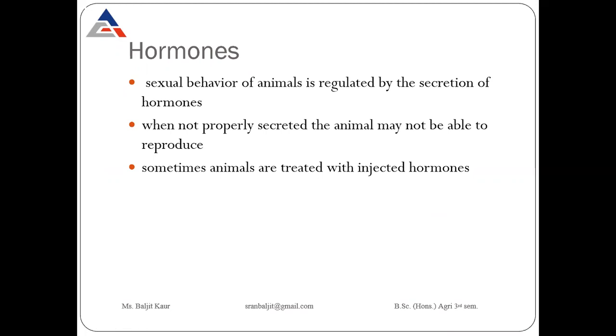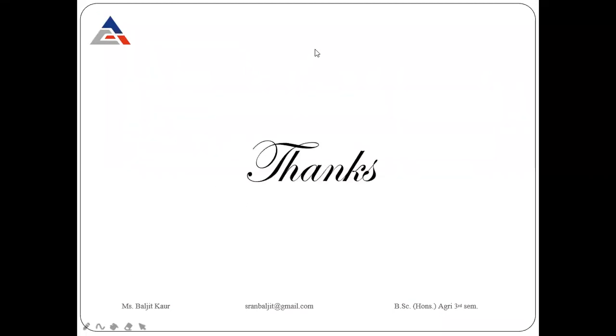If the hormones are not secreted, they will not be able to reproduce. So that animals can reproduce, sometimes hormones are injected into their reproductive tract. So this is all regarding reproduction in poultry.